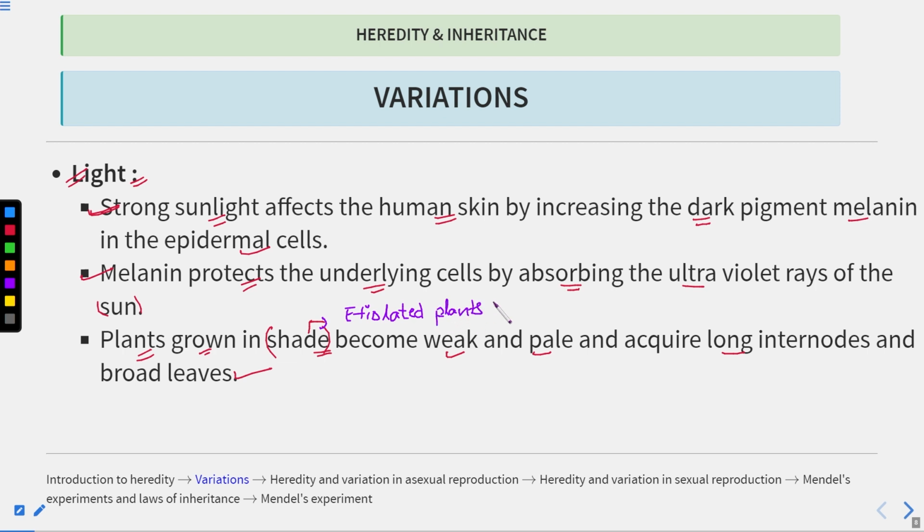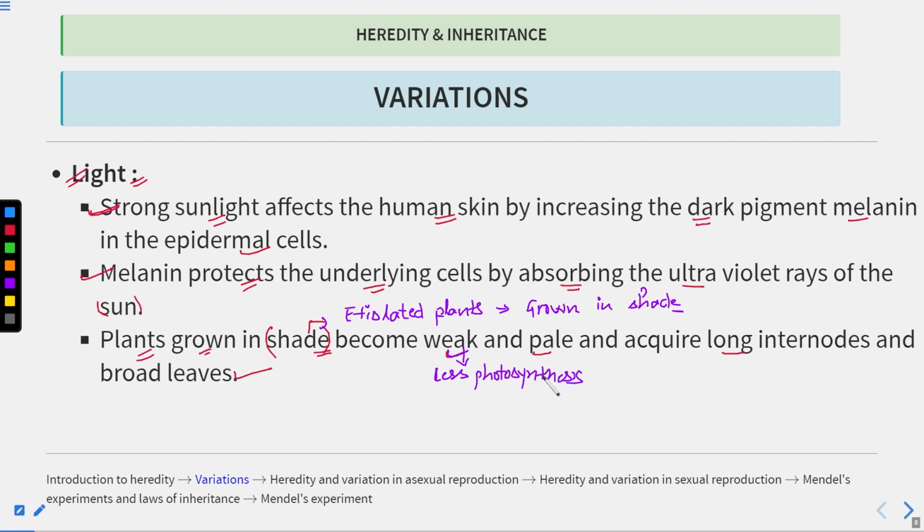These are those plants which are grown in the shade. Because they are grown in the shade, these plants are quite weak and pale. Because there is no sunlight, there is less photosynthesis.